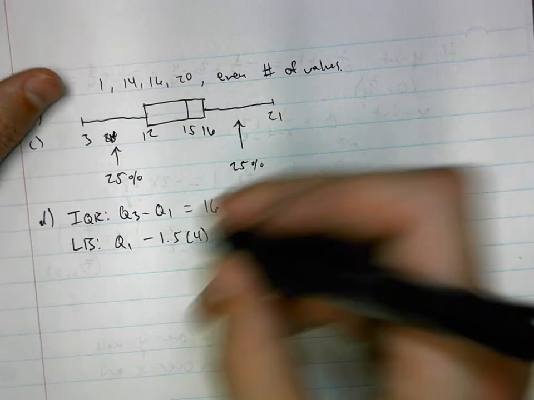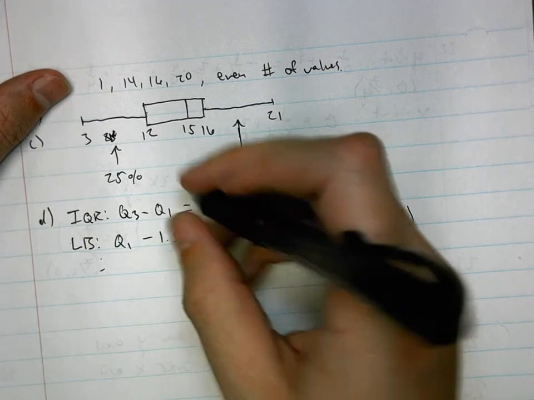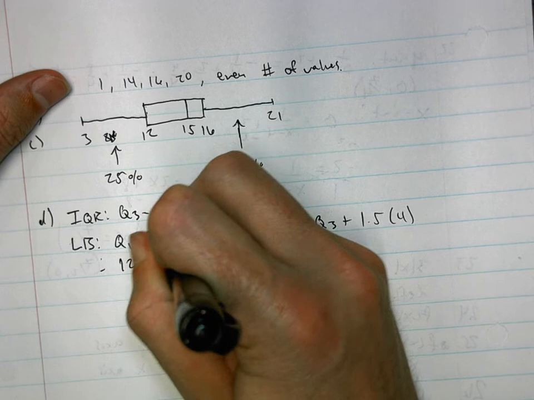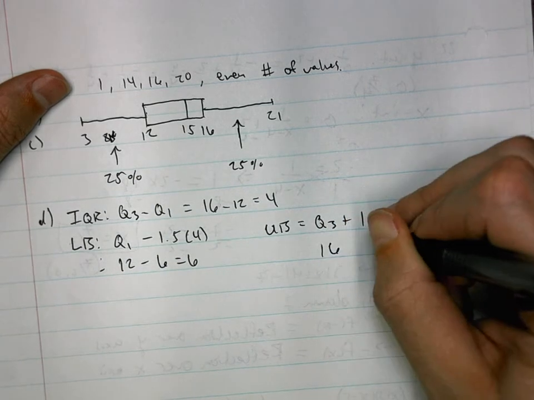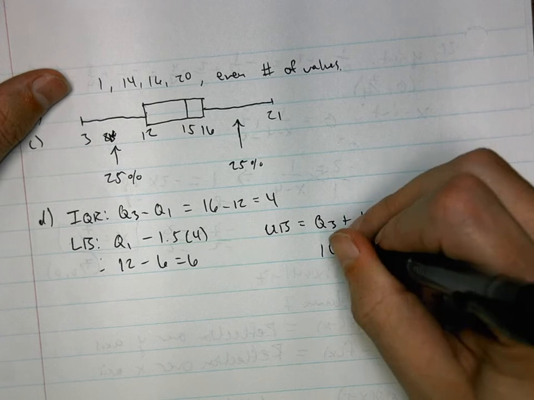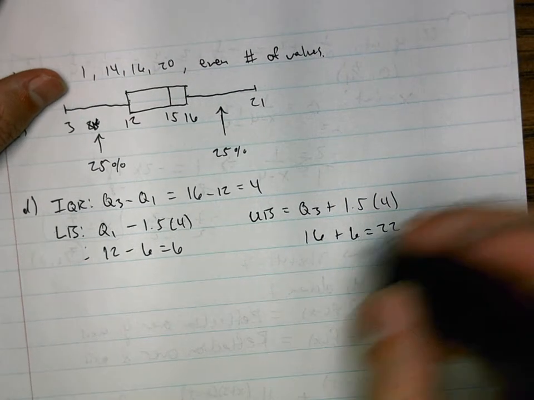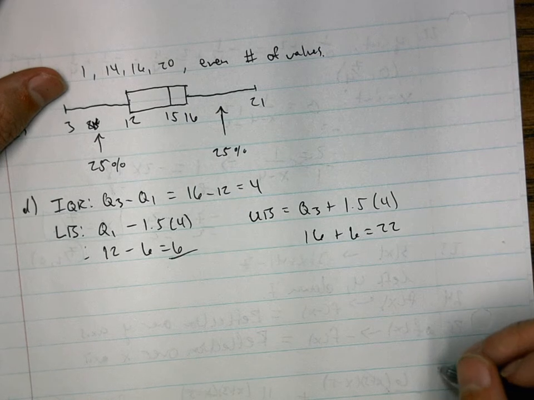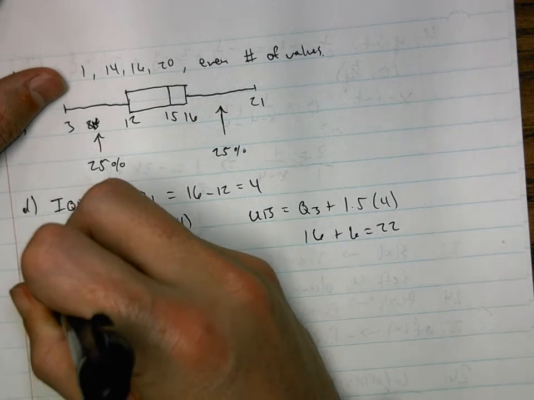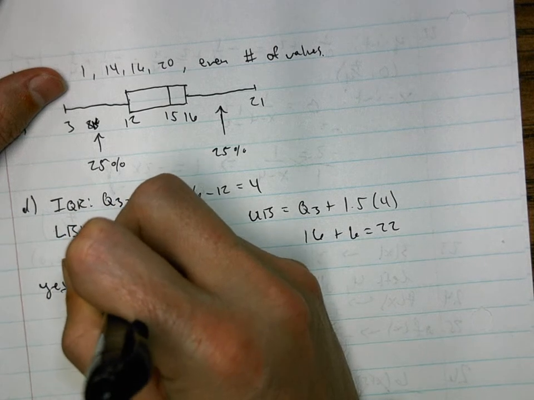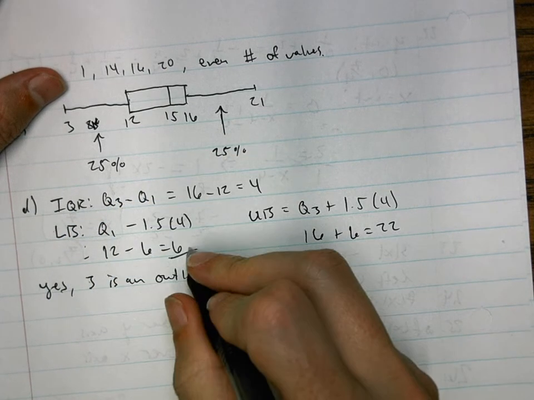So Q1, 12 minus 6, is 6. That's our lower bound. And 16 plus 6 is 22. There is a number less than 6 in our data. It is 3. So yes, 3 is an outlier because it is smaller than our lower boundary.